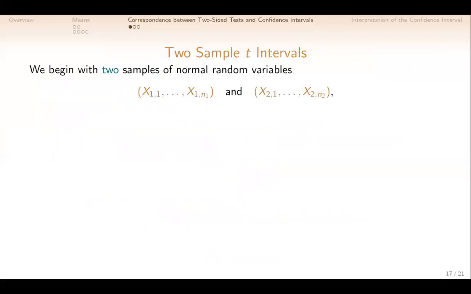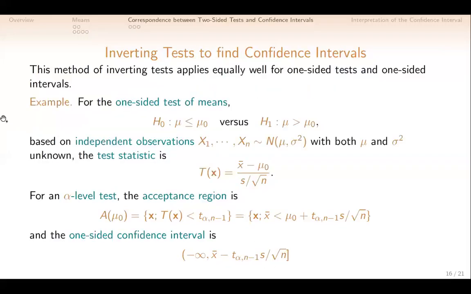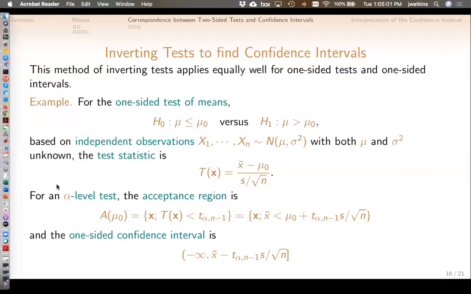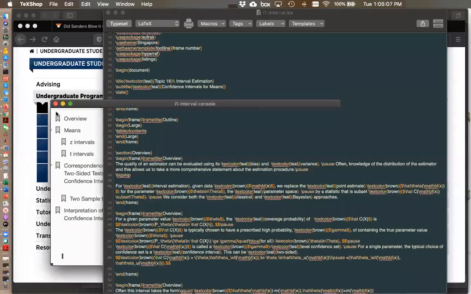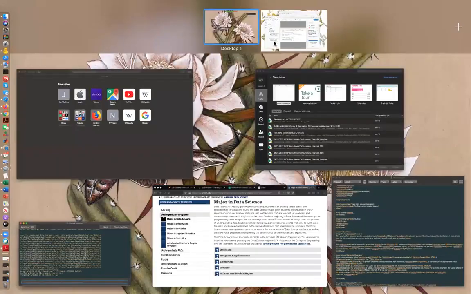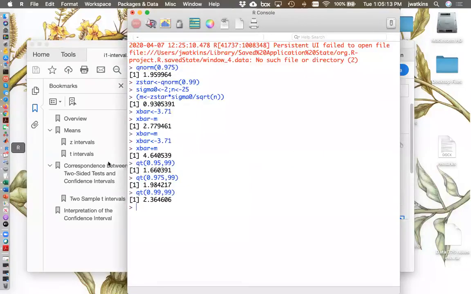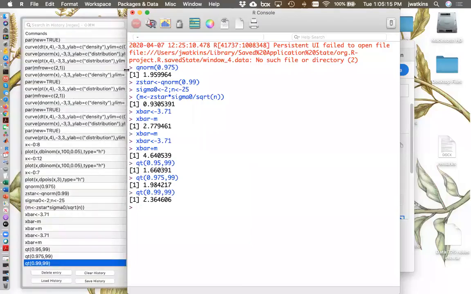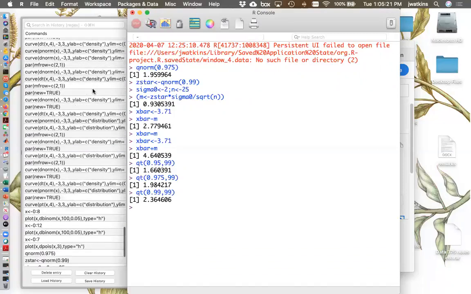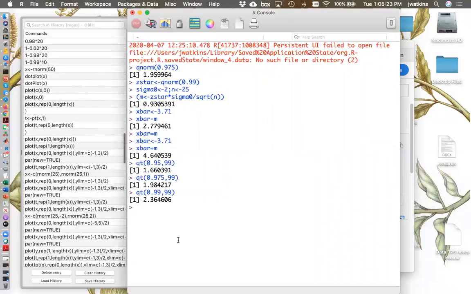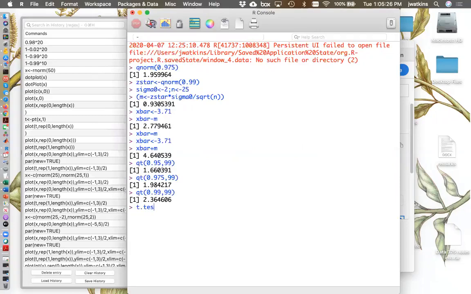Okay, and let me show you how that works in R so you can see it. If I do t-test, and I'm just going to put in 24 normal random variables.